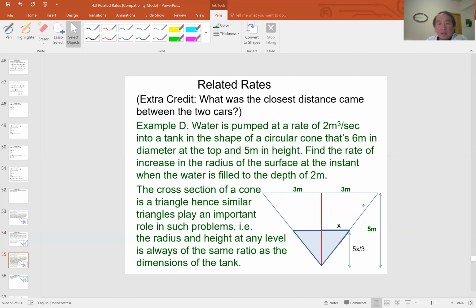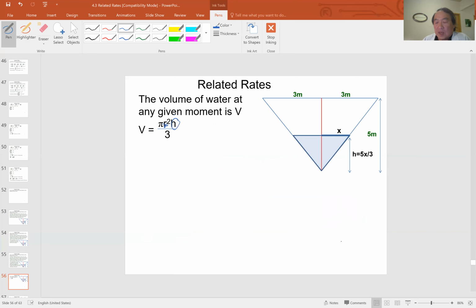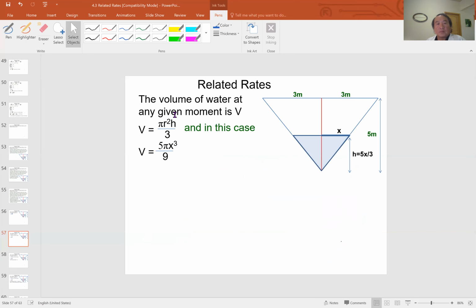Now I want to convert h into x. This is where the 3:5 dimensions come in. It tells you how we can replace h in terms of the radius x. This is usually how we deal with conic cross sections, using similar triangles.